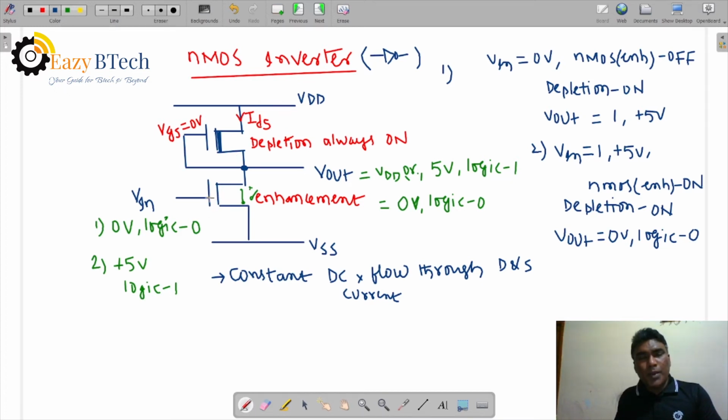Even though we are not applying input voltage, there is a constant current flow through the circuit. So it may cause the circuit to heat. That's why we go for the CMOS inverter, right?